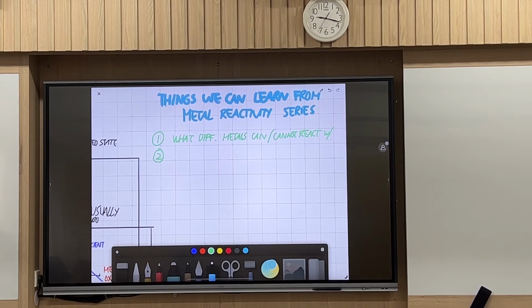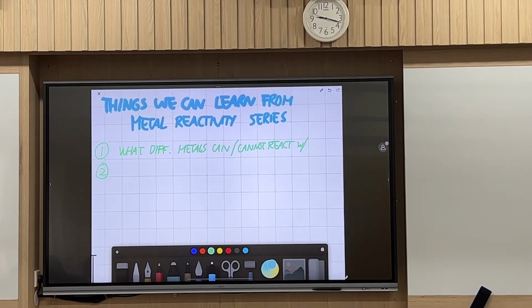You know what the term extraction means? Extraction means to pull the metal from its compound. So if gold and silver don't form compounds at all, do you need any extraction work? No, right? So therefore, put down number two. The order in which the metals are discovered or used since civilization began.